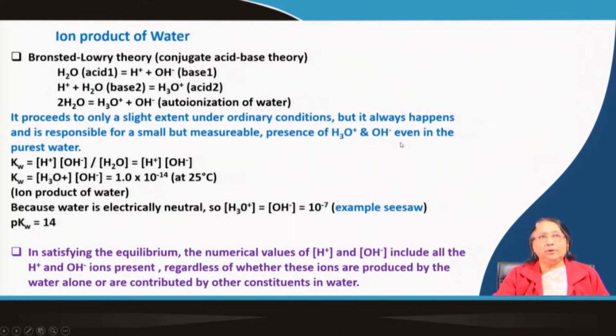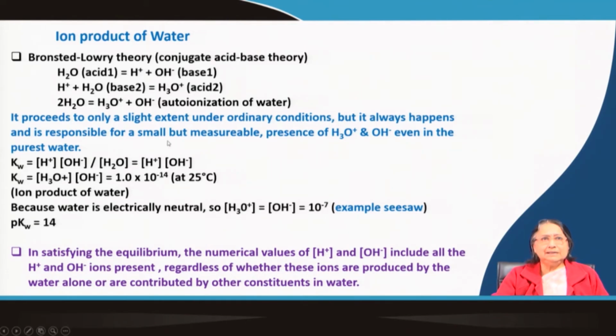Even in the purest form of water, we will see that it is slightly dissociated and forms the H3O+ ion and OH- ion. So, Kw, which is the equilibrium constant of that reaction, can be written as Kw equals H+ ion concentration times OH- ion concentration.